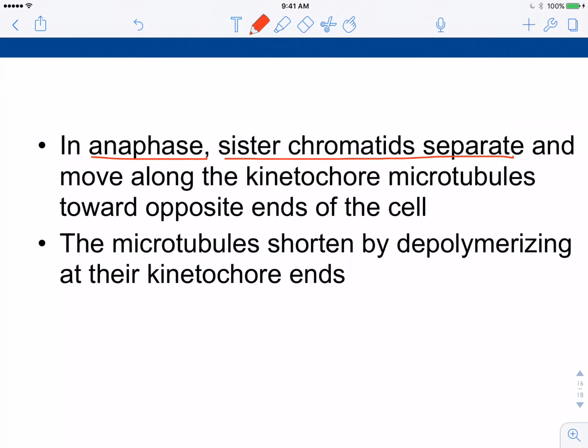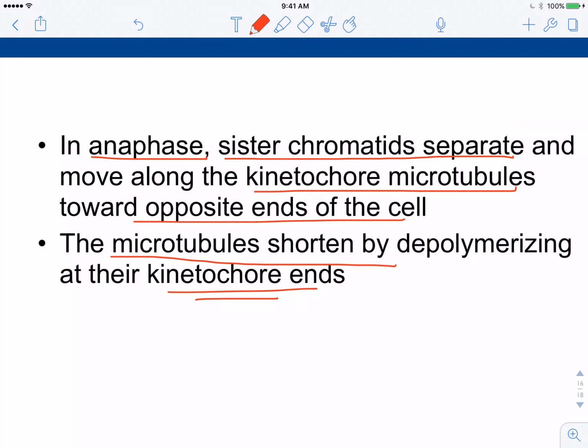So they separate at their centromeres, and then they move along the kinetochore microtubules towards the opposite ends of the cell. And microtubules shorten by depolymerizing, or falling apart, at the ends that attach to the kinetochores.